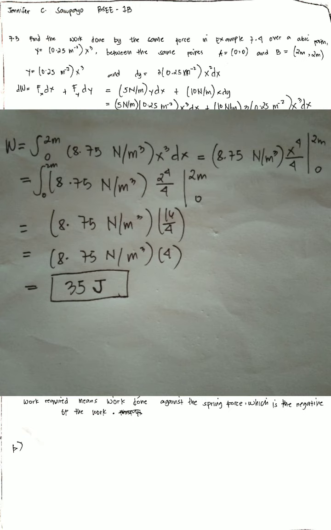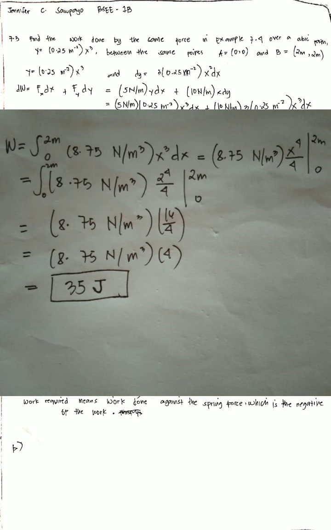We will substitute x equals 2. So 8.75 N/m³ times 2⁴ over 4. After that, 16 divided by 4 is equal to 4. So 4 times 8.75 N/m³ is equal to 35 joules.